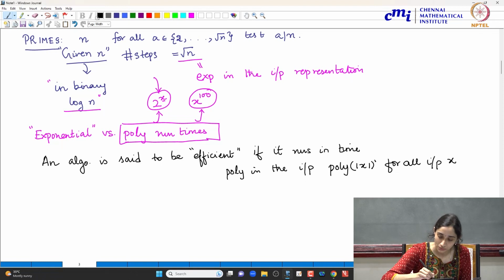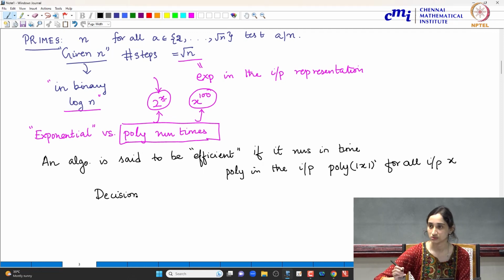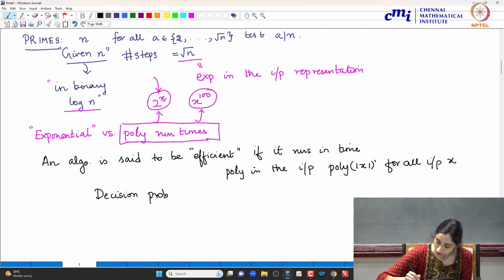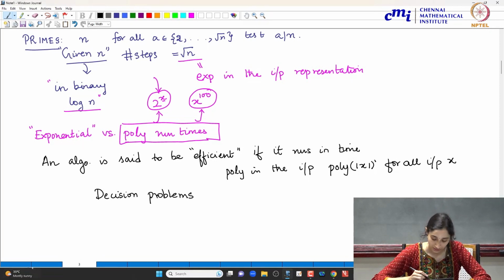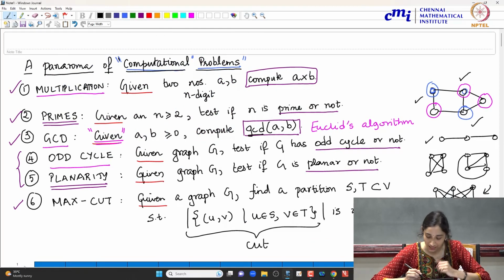Before that, there is something that I should say. Amongst problems, let's look at decision problems, problems that have a yes or no answer. Some decision problems have efficient algorithms, like you said, for example odd cycle, and so on.